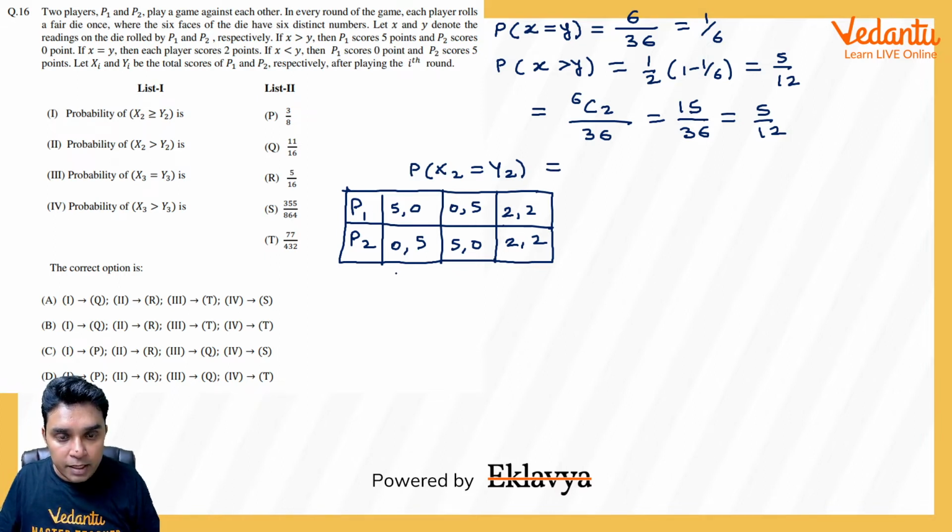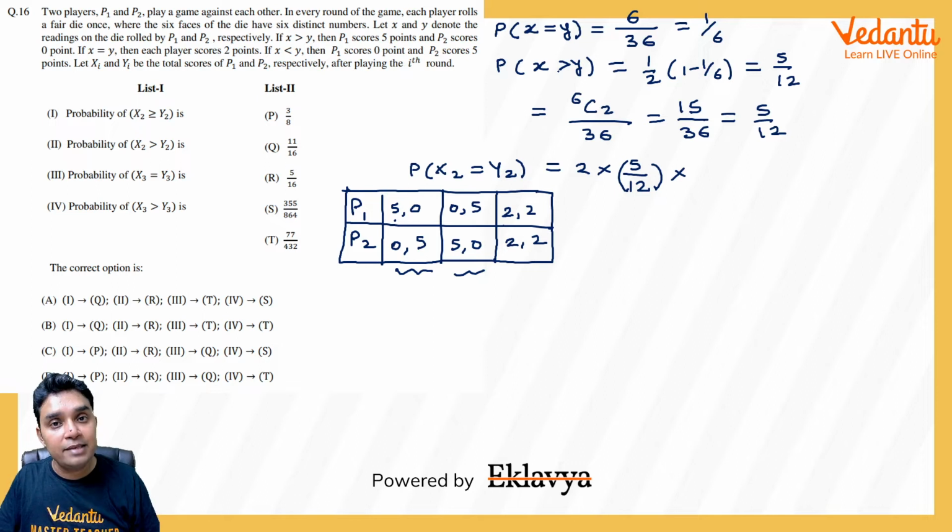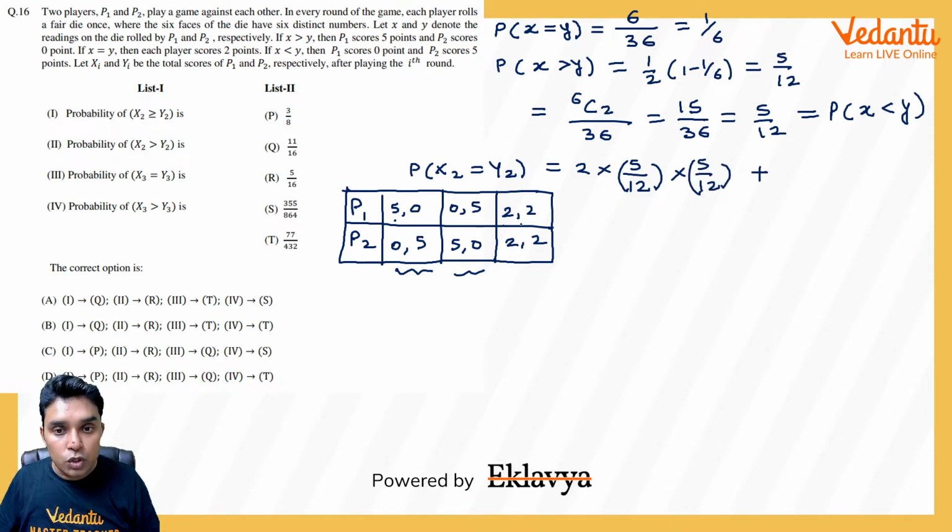As you can see, this case is repeating two times. I can write this as 2 into, and this will happen: P1 will win if X is greater than Y, whose probability is 5 by 12, and then P2 will win once again when X is less than Y, whose probability will also be the same. So 5 by 12 will be multiplied here two times, plus 2 2 means both matches should end in a draw.